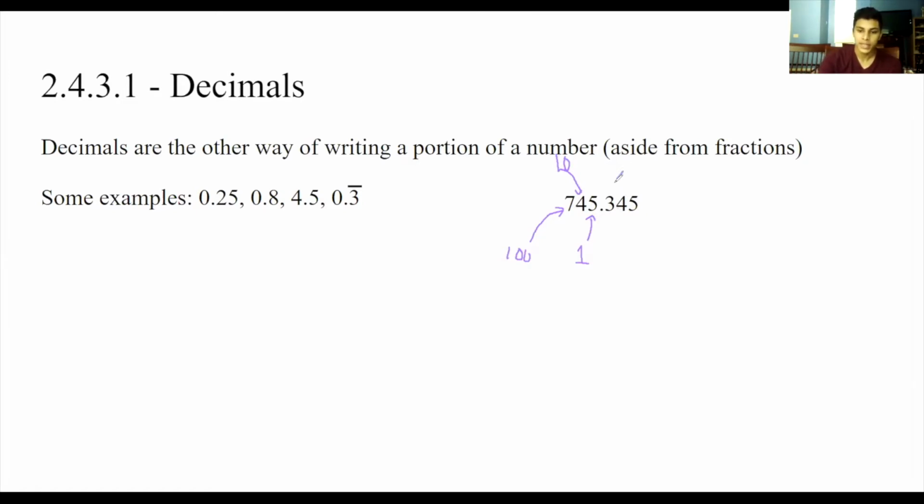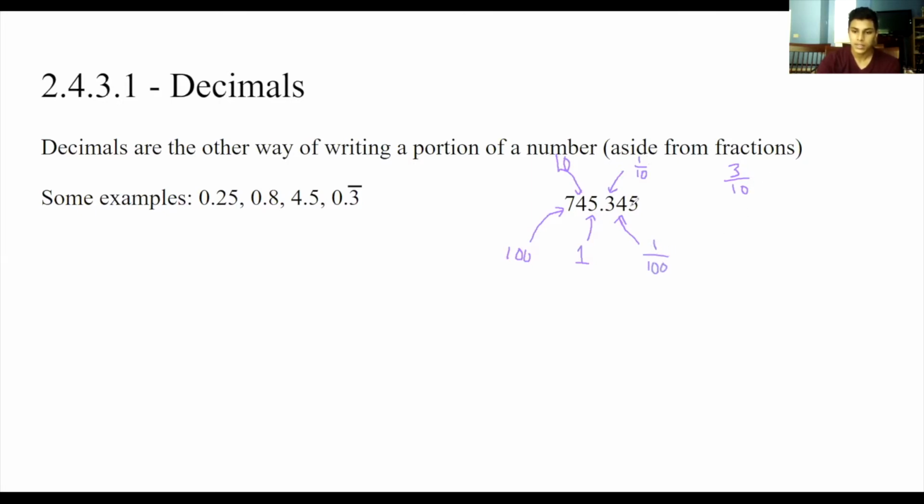This 3, which is part of the decimal because it comes after the decimal point, is in the tenths place. If you know what a tenth is, it means 1 over 10, 1/10. So this 3 would represent 3 tenths. This 4 is in the hundredths place. Notice how I said hundredths and not hundreds, because it represents 1 over 100.